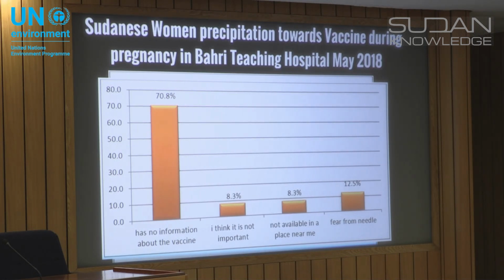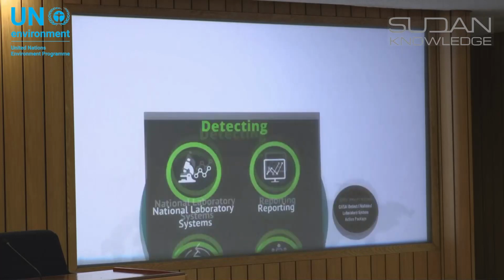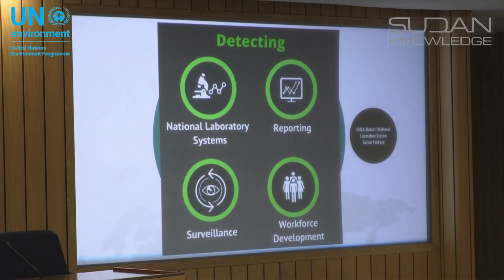They never heard about it, they never saw it. Some people don't think it's important, 8%, and 12% fear the needle. I think the 12% is probably the most logical, I can see some people agreeing with that a little bit. But again, at least this is something we really need to start paying attention to, and how important it is.